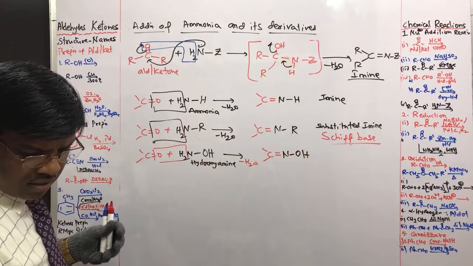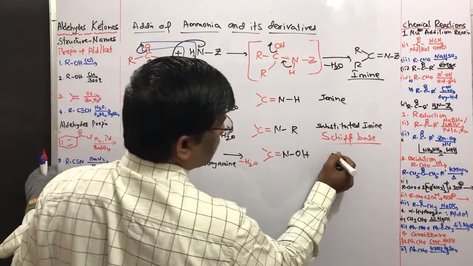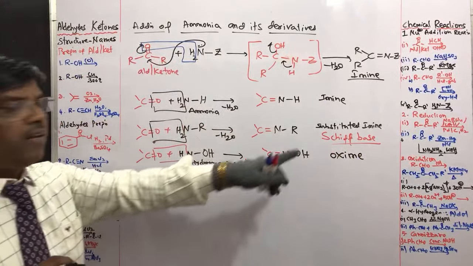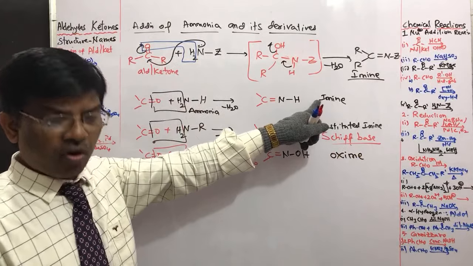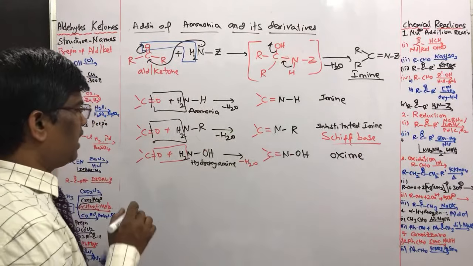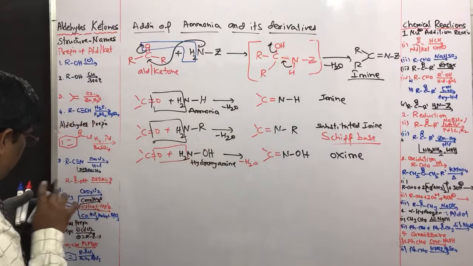Its name is oxime. These names are very important, students. That is why I am cross checking and writing. So each compound will have a different name, right? So hydroxylamine.